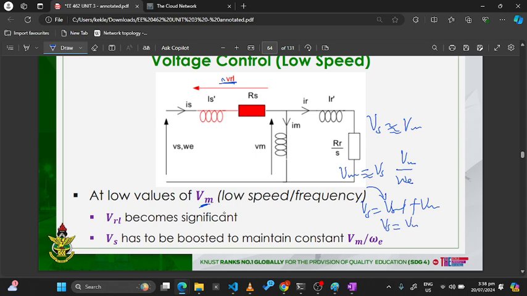Is that okay? So if we can get something to supply this VRL, then we can still have Vs equal to Vm. So we say that Vs has to be boosted to maintain a constant Vm over omega E. I hope that makes sense. If something is able to supply the voltage drop here, then the supply voltage here should be equal to whatever we have over here.